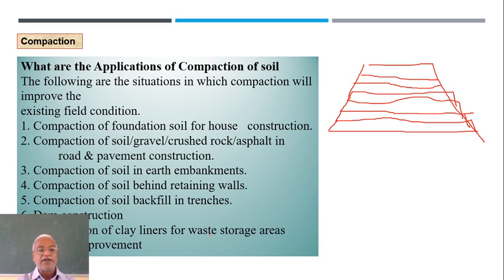Construction of clay liners for waste storage areas. When you want to put some waste, so as not to allow the leachate to pass through, you put a thin layer of clay and then compact it so that no leachate will pass to the ground.